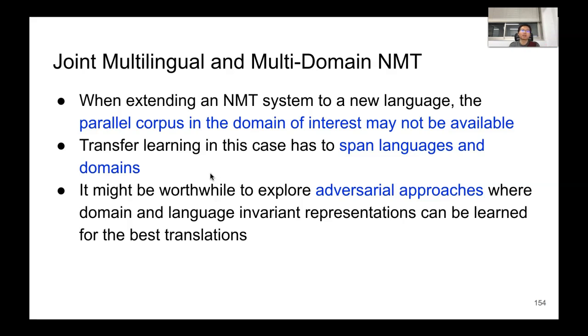And we think that it might be interesting to explore the adversarial approach where domain and language invariant representations can be learned. If we can learn domain and language invariant representations, then transfer learning can be done much more easily.